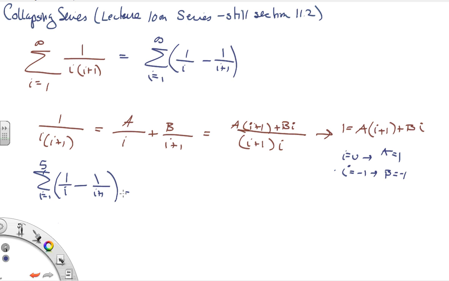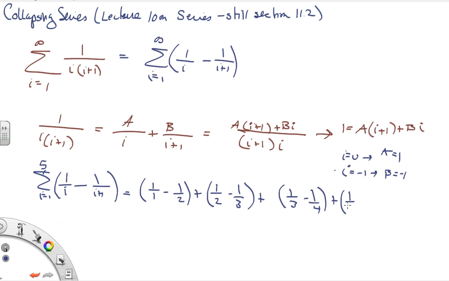So this is going to be 1 over 1 minus 1/2, plus 1 over 2 minus 1/3, plus 1 over 3 minus 1/4, plus 1 over 4 minus 1/5, plus 1 over 5 minus 1/6.